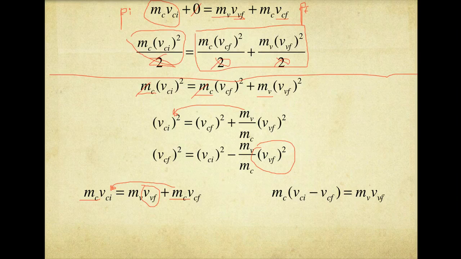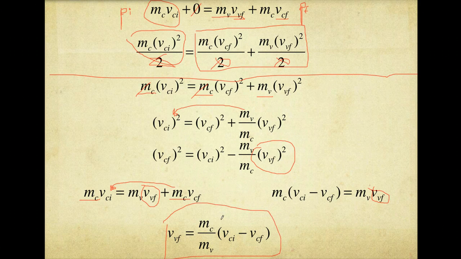And then to figure out just the velocity, I'm going to divide by mass of the van, and this is what I end up with. So velocity final of the van equals mass of the car over mass of the van times the difference between initial velocity of the car and final velocity of the car. So what I'm going to do after that, I'm going to take this right here and put it in here.